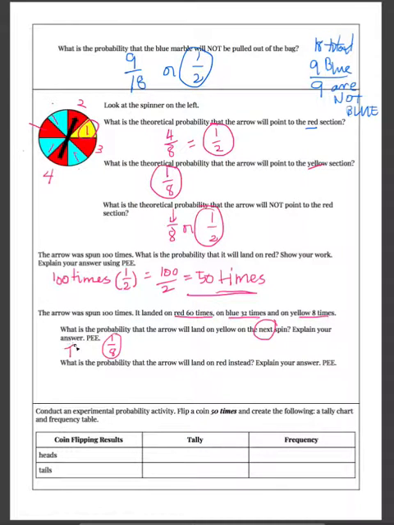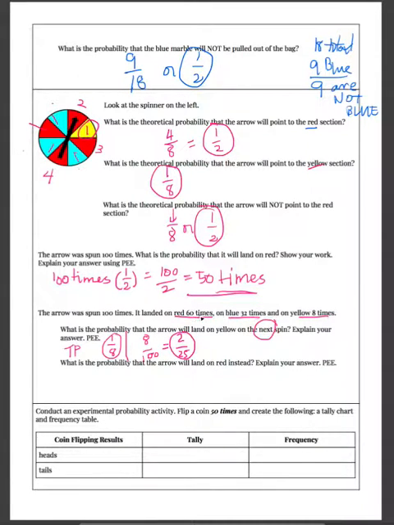Okay, this is the theoretical probability. But if you want to base it on the results, the experimental probability, okay, 100 times it landed on yellow 8 times. So that is 8 over 100. Divided by 4, that will be 2 over 25.